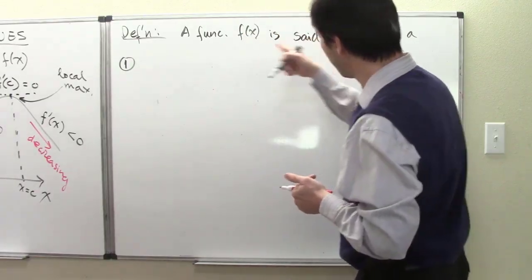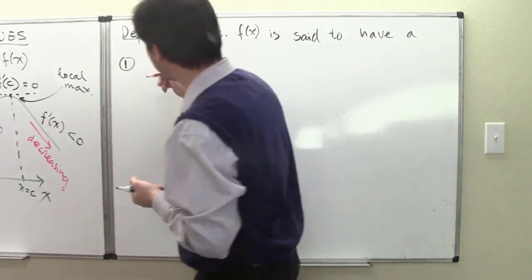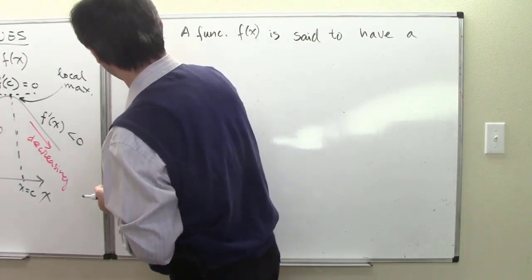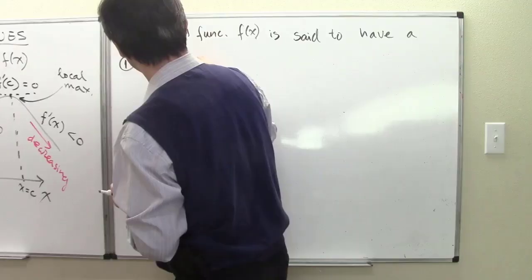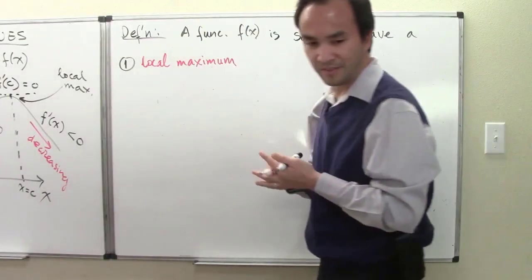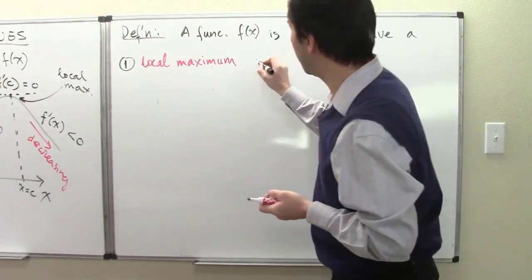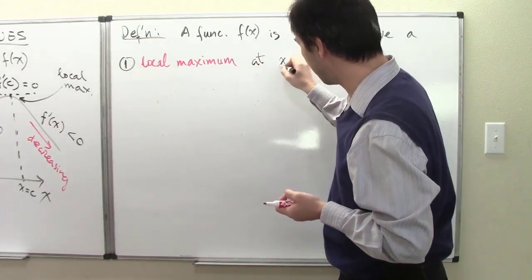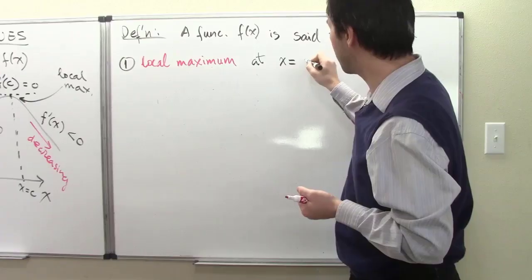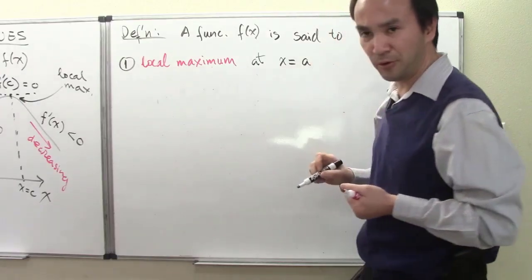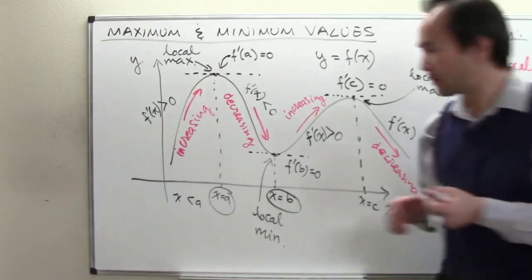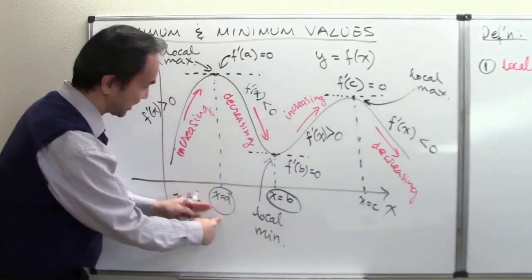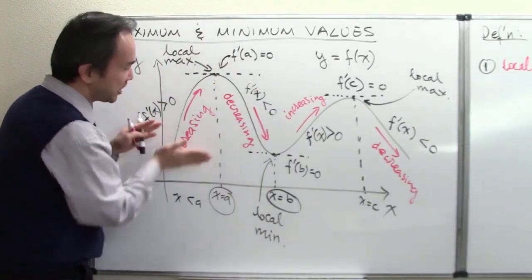A function f of x is said to have a local maximum at some given point, at a value x equals a, for example. Back on my picture, at x equals a, the function reaches a local maximum.